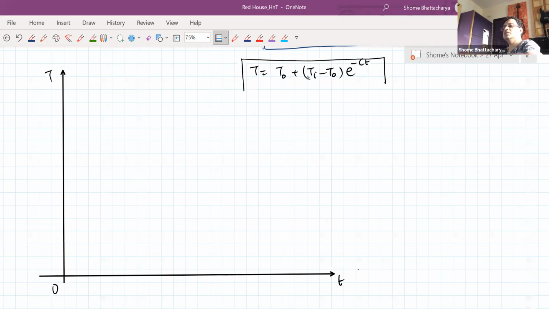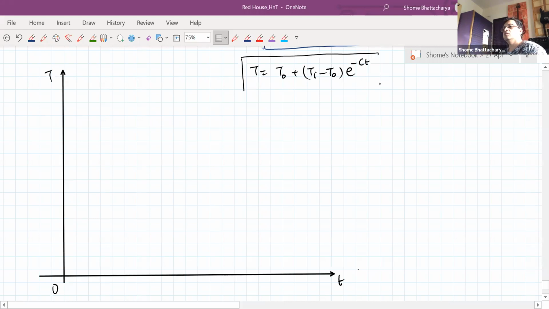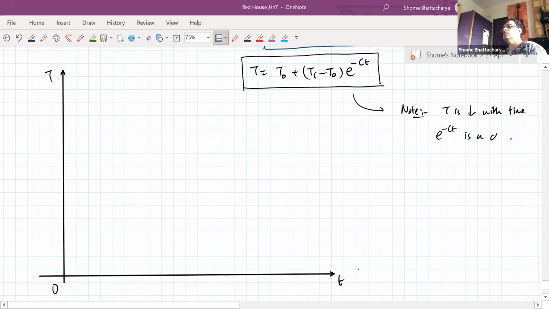So this basically means that, first of all, from this you can see that temperature is decreasing with time, because that e raised power minus Ct factor is a decreasing function of time. If you plot y is equal to e raised power minus Ct, that graph will be of this type.